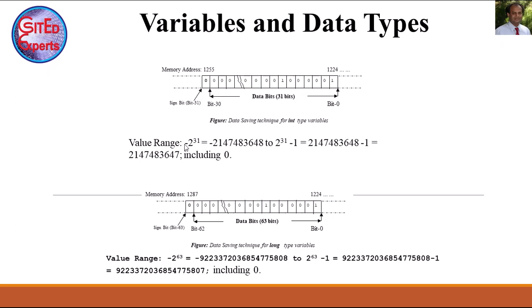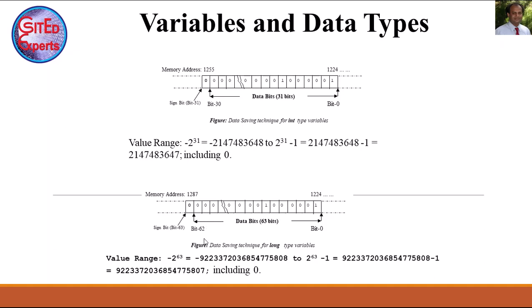So the range becomes negative 2 to the power 31, that means negative 2147483648, to 2147483648 minus 1, that means 2147483647, including 0.